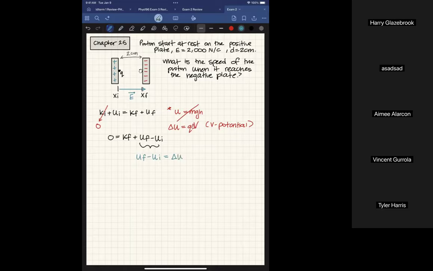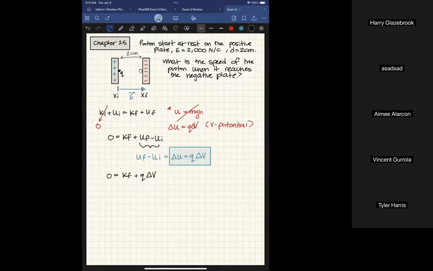And I know that the change in potential energy in a capacitor is equal to the charge of my particle times the change in electric potential. So I can rewrite this as 0 equals final kinetic energy plus Q delta V, or change in electric potential.